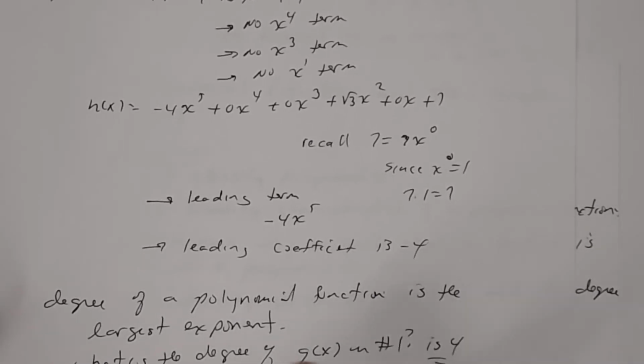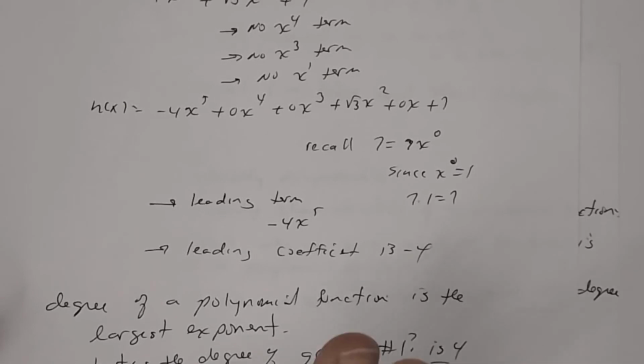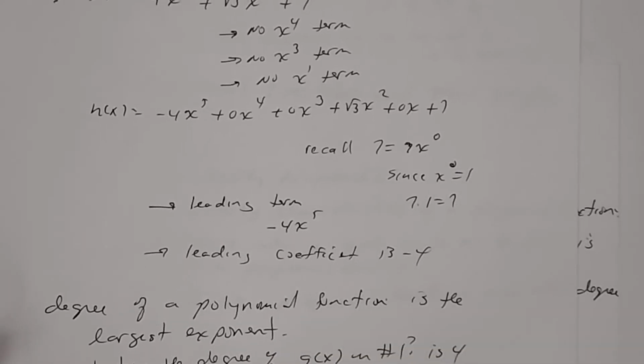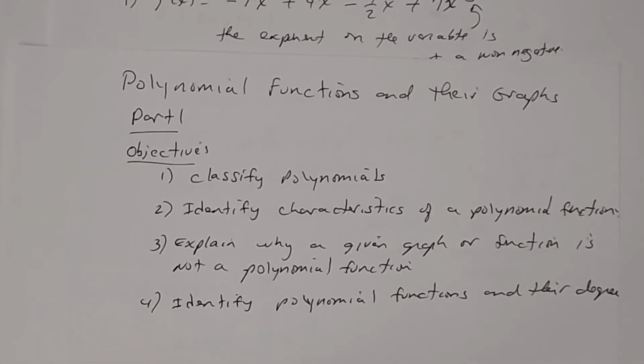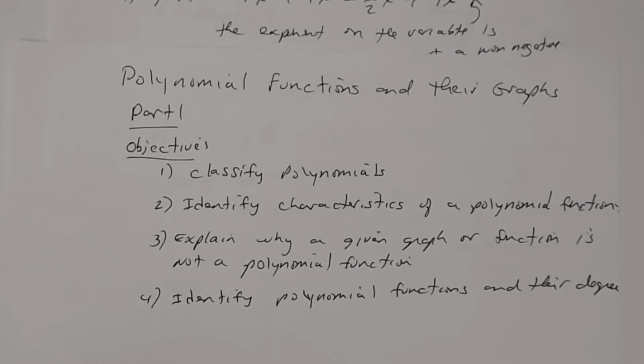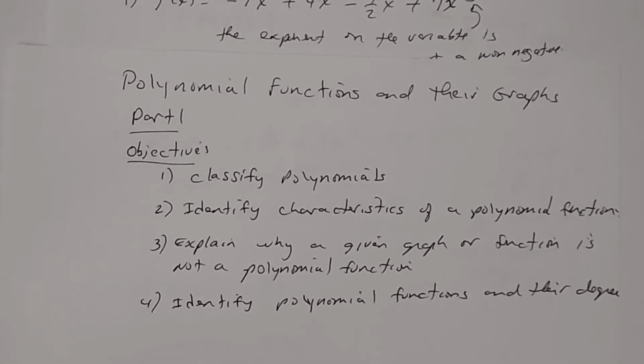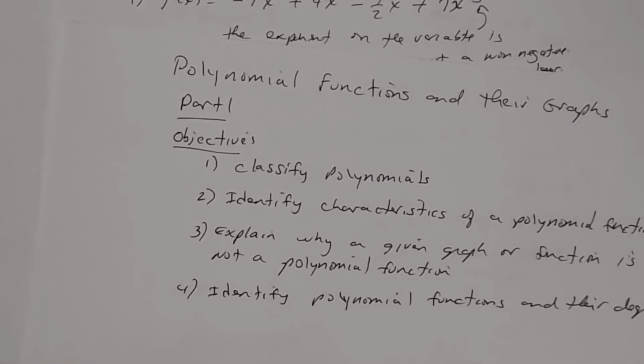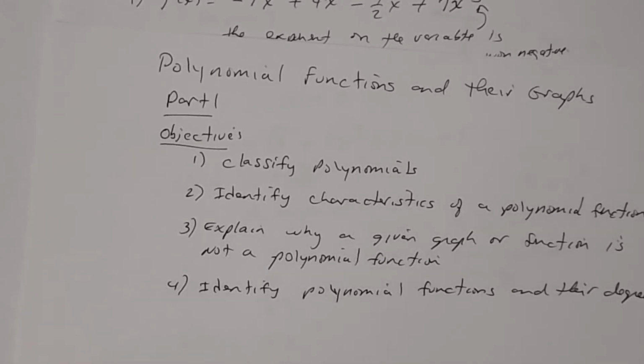Now, before we end this lesson, there's one part of the objective that we hadn't talked about that I really need to mention since it's listed as one of our objectives for part 1. Let me find the objectives again. It's this one right here.